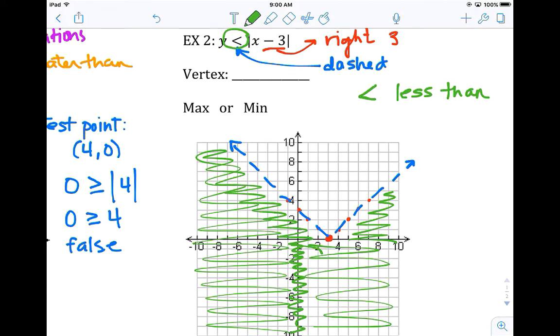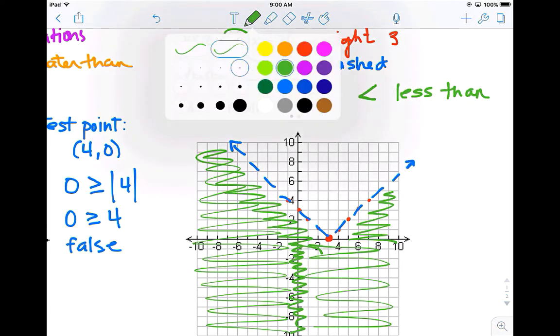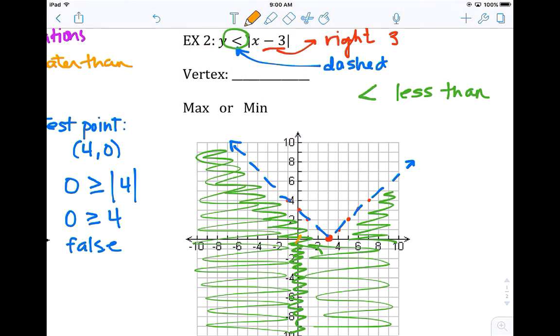But let's just double check ourselves and make sure we shaded the correct direction. So I'm going to choose a point, and I'm just going to make it easy on myself and choose the point 0, 0. That's always a nice point to test as long as it's not on the V piece of the graph itself. So we're going to plug in 0 for y and 0 for x.